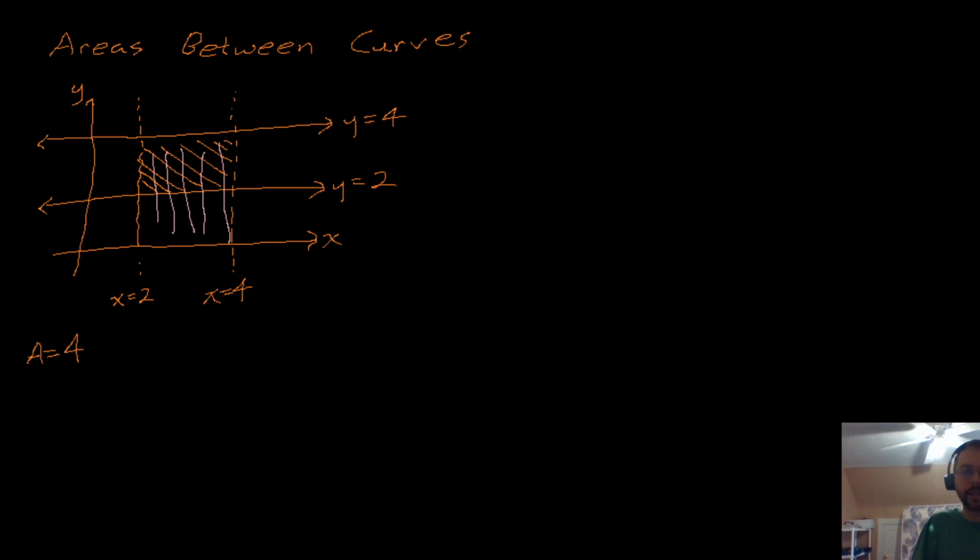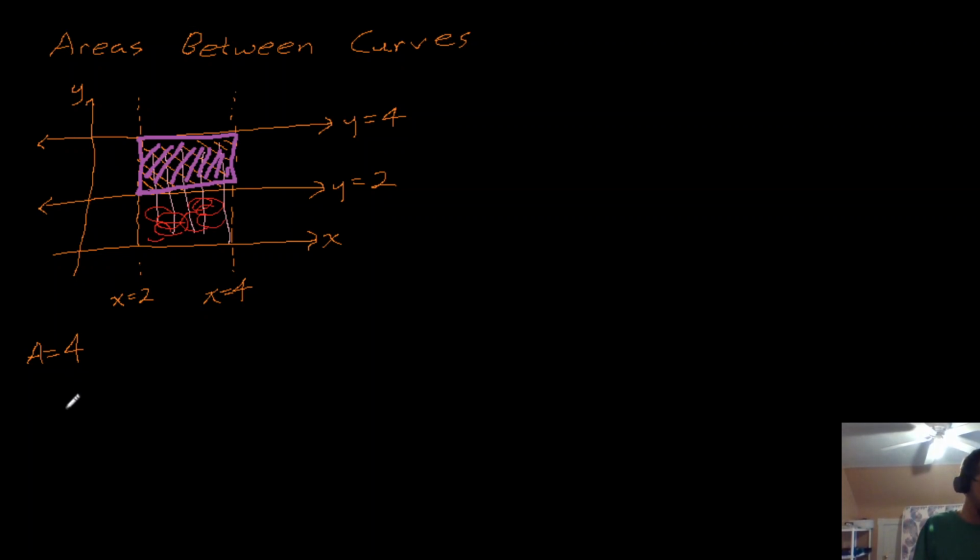Then we can see visually that if we subtract away from that the area underneath y equals 2, this area down here, what that will leave us with is the area inside here that we want. So that is the technique used to find the area between two curves.